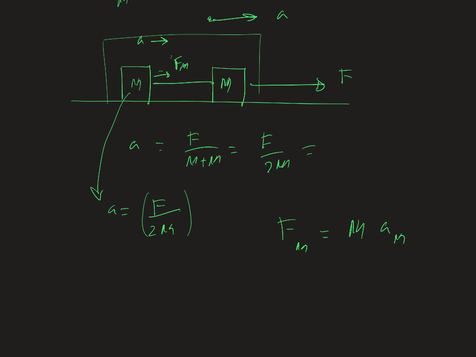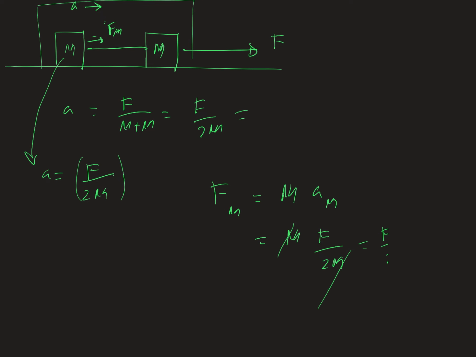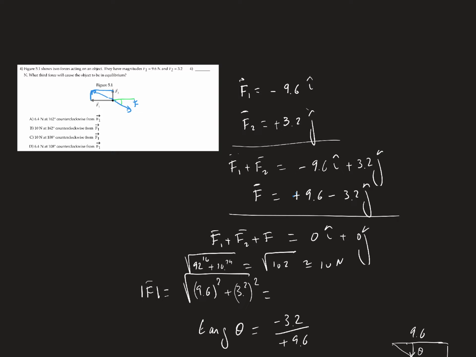But the acceleration of the object is F divided by 2m. The m will cancel, and the force acting on m will be the external force divided by 2. Okay? So the rope will do a force F divided by 2. Okay. Now let's solve this problem.